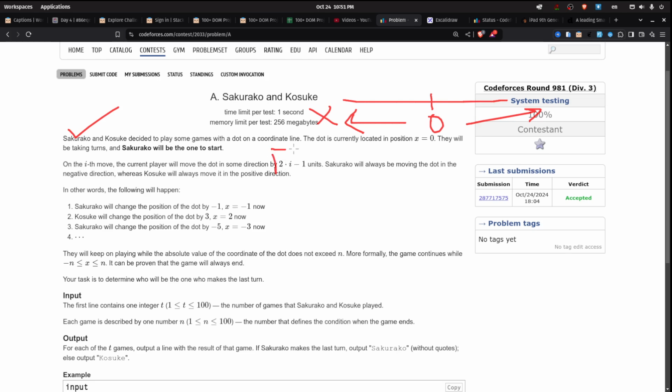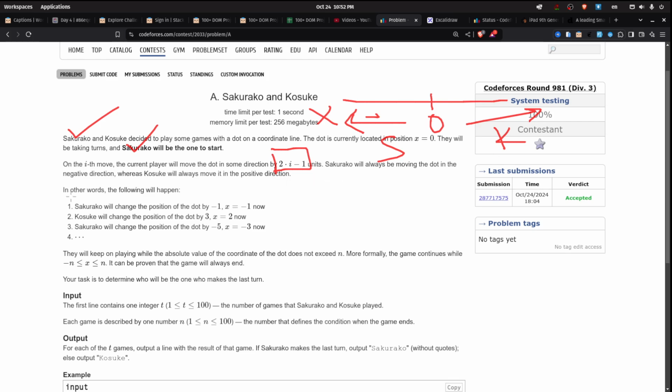So this is the equation. Sakurako will always move the dot in the negative direction, and Kosuke will always move it in the positive direction.